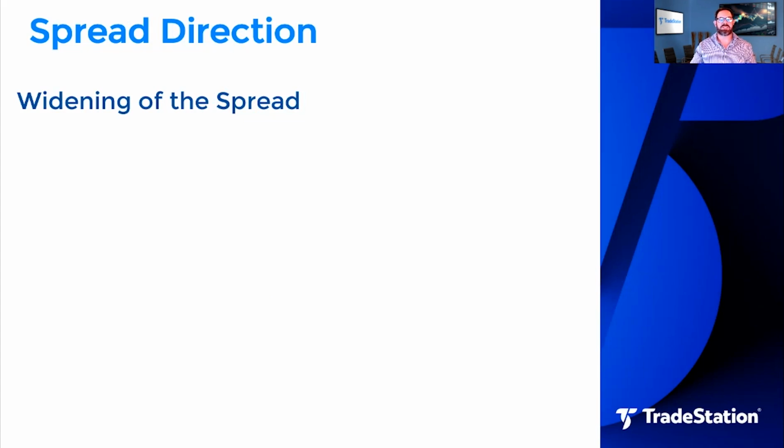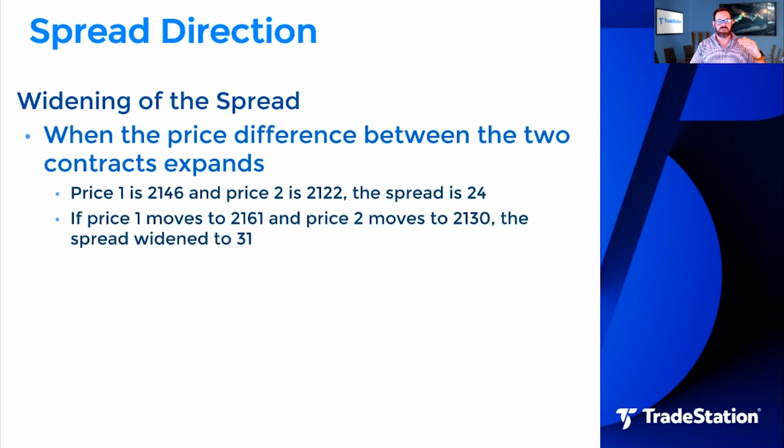The widening of the spread is when two related securities move away from each other. The price expands between the two. So again, if you have price number one at 21.46, price number two, 21.22, the difference between the two is 24. Well, if price one moves up to 21.61, price number two also moves up, but not as fast, up to 21.30.